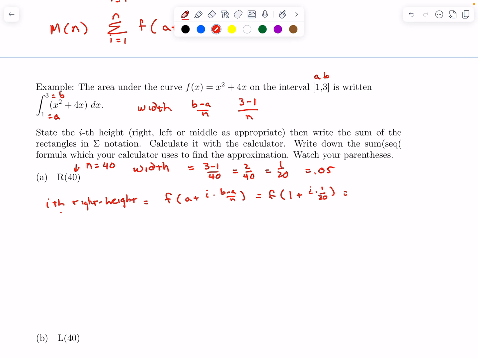Stuff that into the function f of x. Notice here's f of x: thingy squared plus 4 thingy. What do we got? 1 plus i over 20 being plugged in.